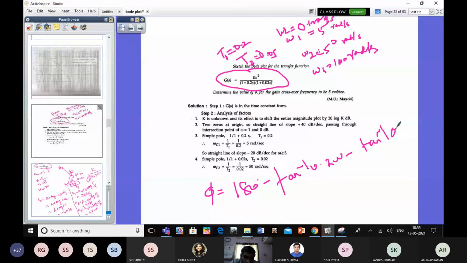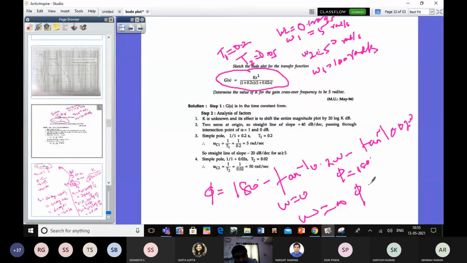Omega equal to 0 and omega equal to infinity. Omega equal to 0, the phase angle is 180 degree. Omega equal to infinity, 0 degree. So the phase angle changes from 180 degree to 0 degree.